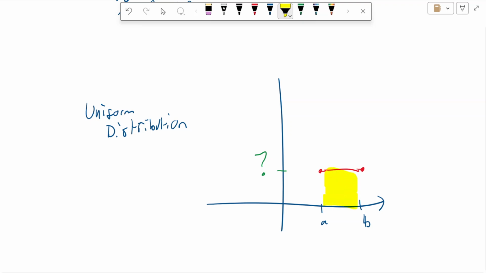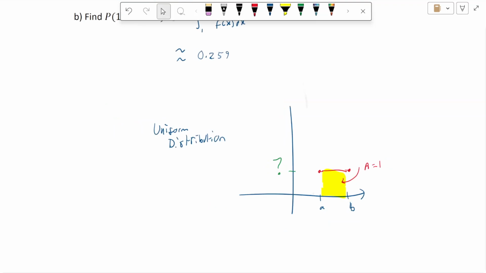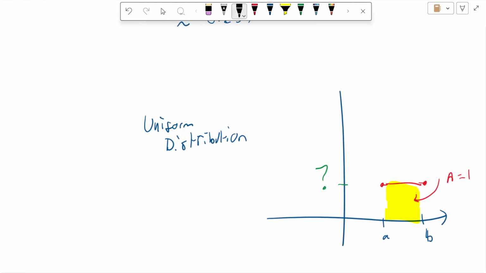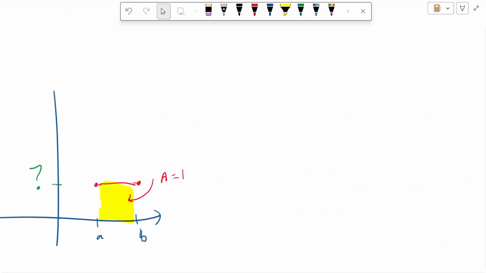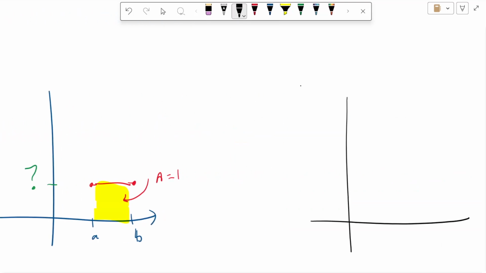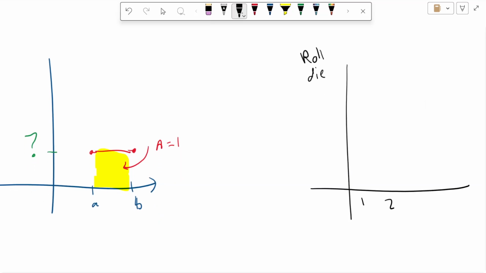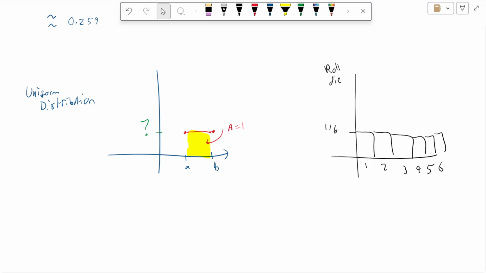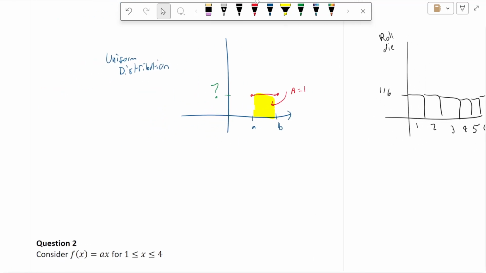In other words, to make sure that the total area equals 1. But that's a uniform distribution. Getting continuous examples of that is a little bit weird, but you can imagine a discrete version would be rolling a die. So you can get 1, 2, 3, 4, 5, or 6, and then each of those has a probability of a 6th. Interestingly, if you add up all those areas, you get 1, which may be in our next topic.